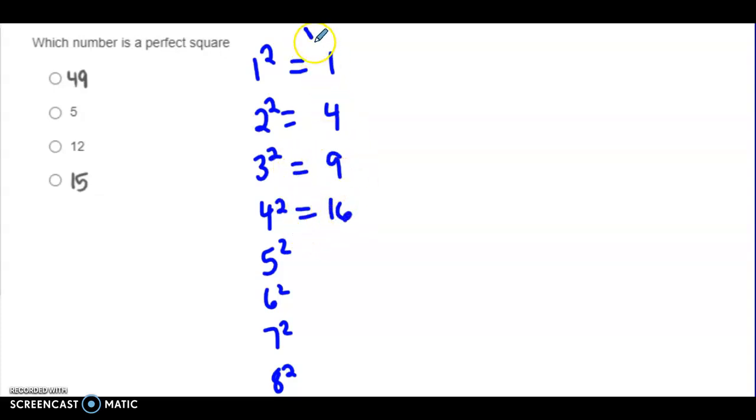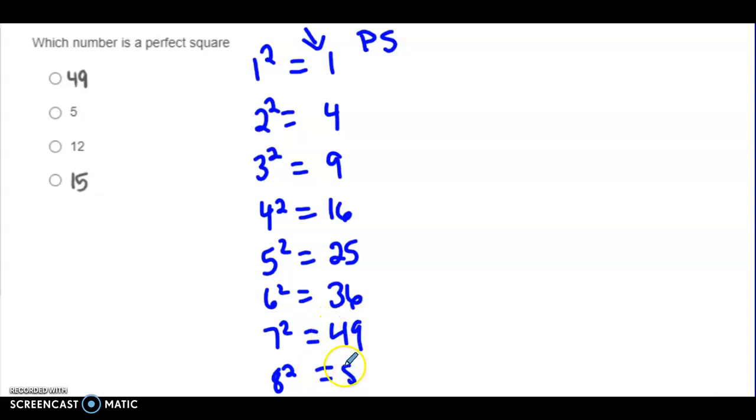So this whole column right here represents perfect squares because we got them by squaring a number, a whole number, I should say, or an integer. So you can keep going. You can make your list as long as you want, but all of these are perfect squares.